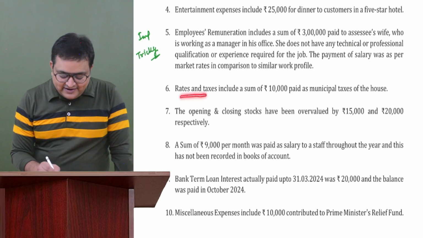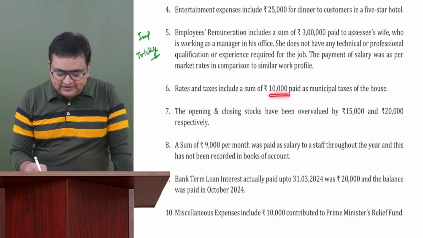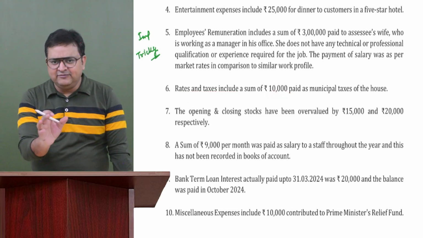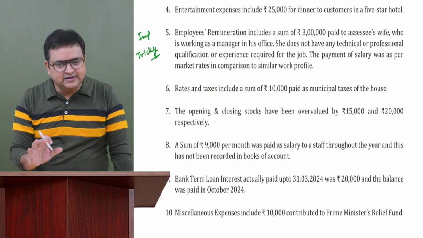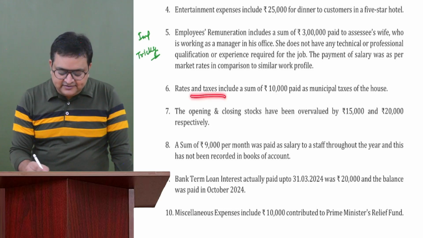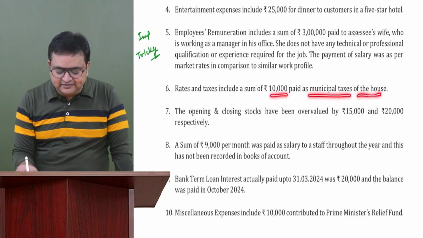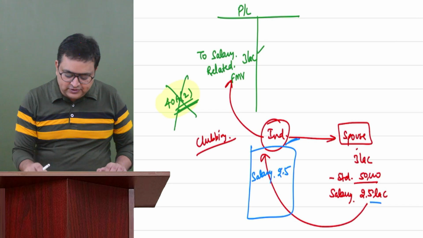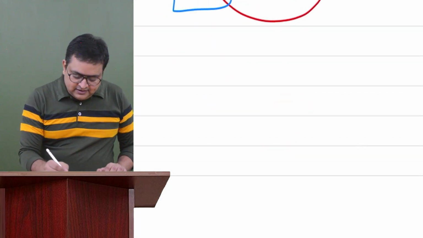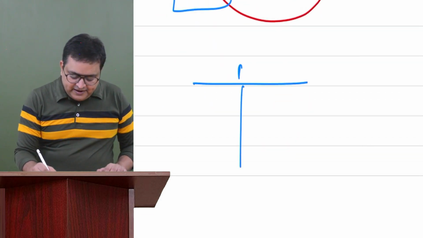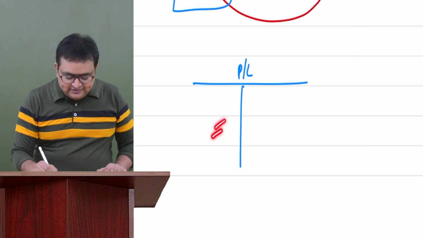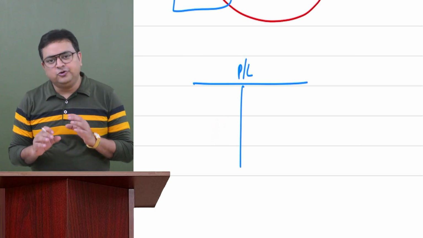Sixth, rates and taxes include a sum of 10,000. This is a common adjustment, and I believe that you will not make a mistake over here. It's an easy adjustment. Rates and taxes include a sum of 10,000 paid as municipal taxes of the house. We know that. See, if it is a P&L account, we always assume that all your expenses should be related to PGBP.